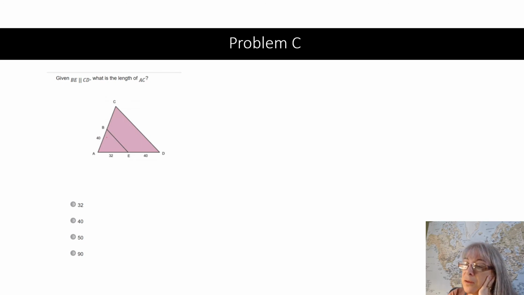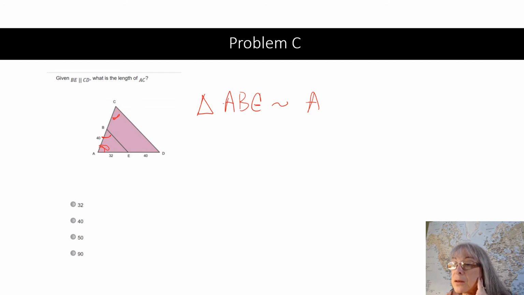So this angle and this angle are congruent, and angle A is congruent to angle A. So if I took triangle ABC, it would be similar then to triangle A, oops, this is ABE, and this is ACD.